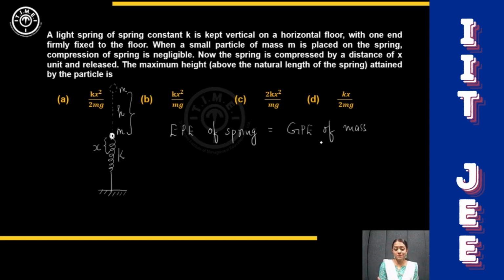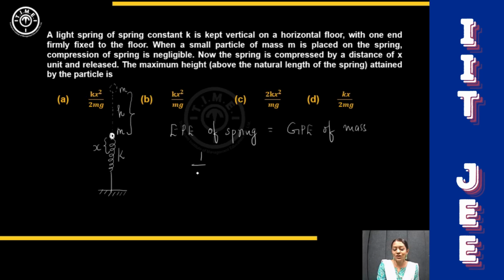When you are releasing the spring, the mass is raised to a certain height. So the elastic potential energy stored in the spring is getting converted to gravitational potential energy of the mass. So now just substitute the equations.